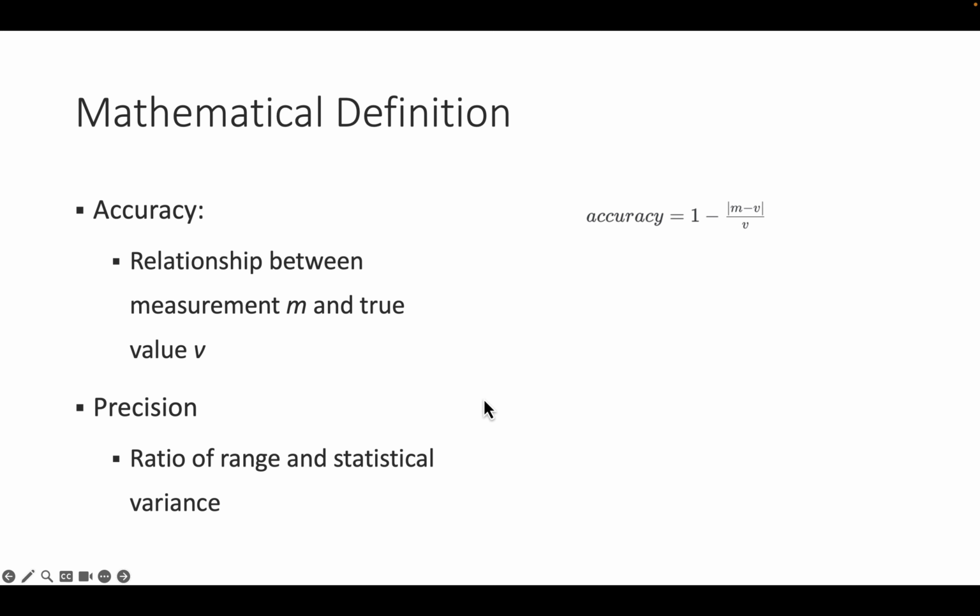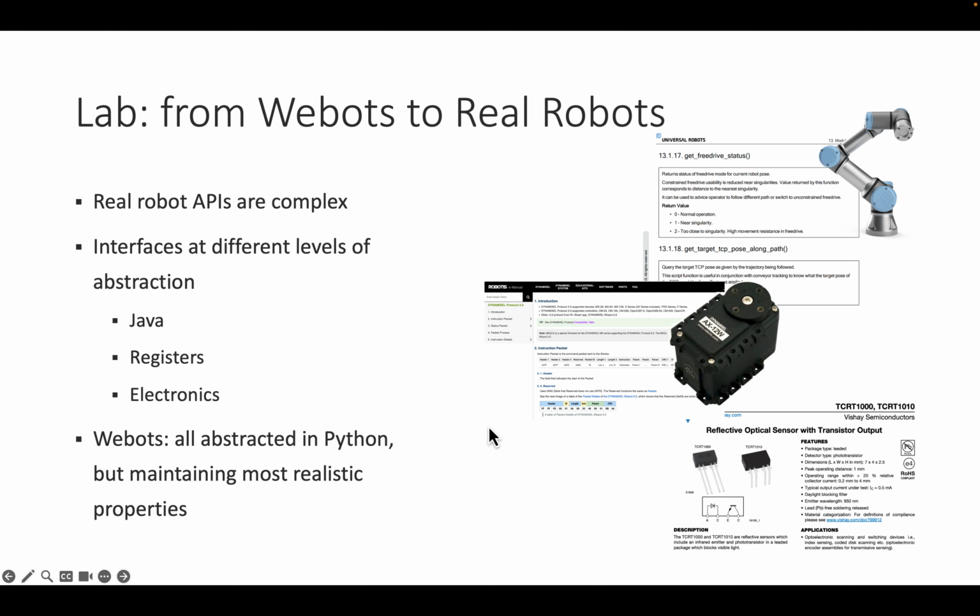We haven't given you an equation for precision because it involves the concept of variance, which we will treat only later in this course. In the lab, we've been looking at data sheets from real robots, and I sorted them by abstraction level. The interface for the Universal Robot is in URScript, their own language.